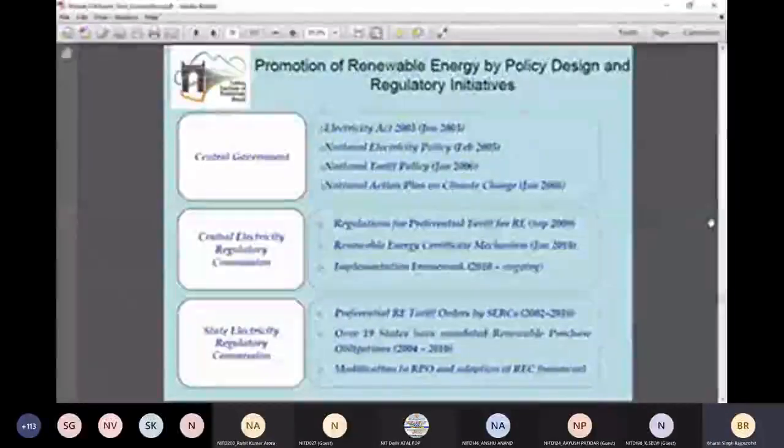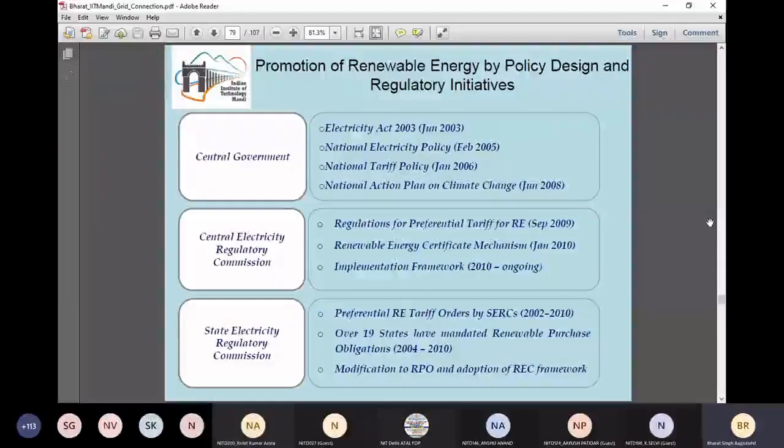So this slide is giving different regulations issued at different levels, like the central government level, the central electricity regulatory or state electricity regulatory commission level, which promoted or helped renewable energy by providing a regulatory framework, whether it is the Electricity Act 2003, which provided open access, or a tariff policy, or regulations which provided a preferential tariff mechanism, by which the costing of renewable energy in that state can also be found out.